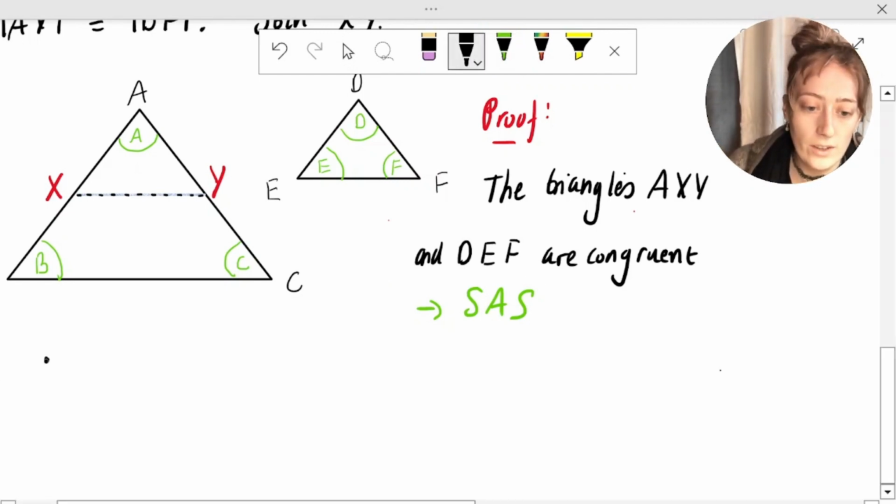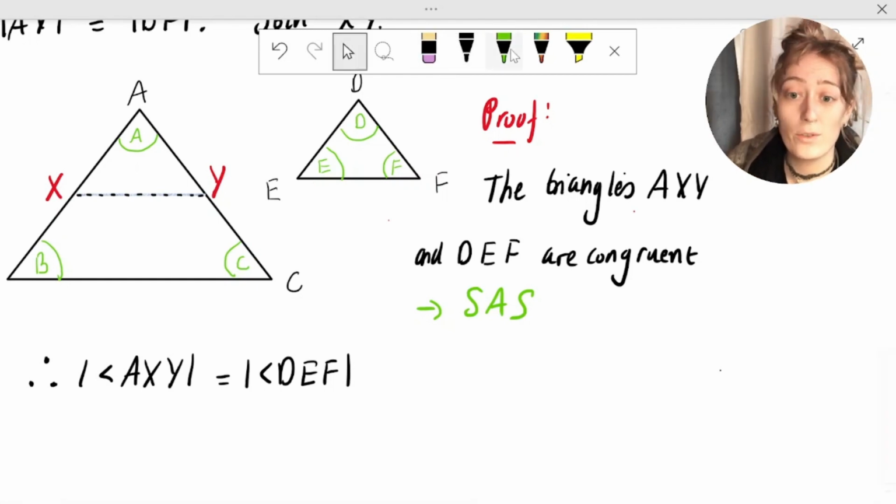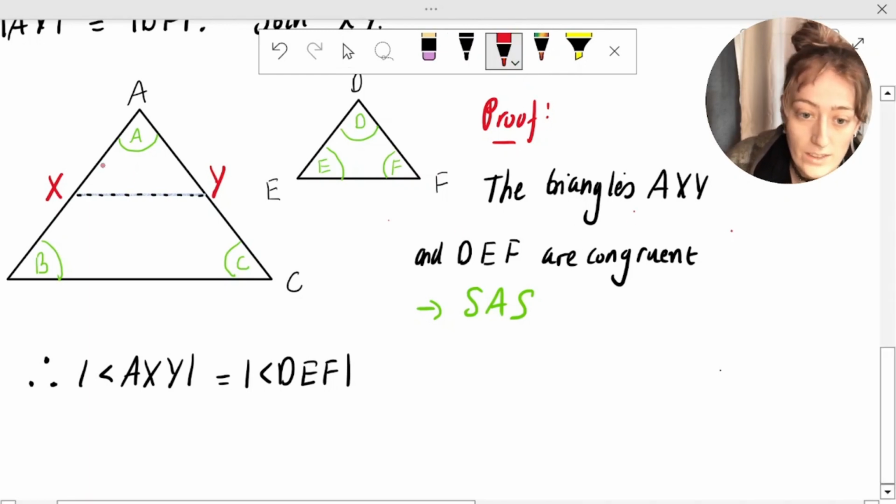So if those triangles are identical, therefore the angle AXY must be equal to the angle DEF. Okay, angle AXY is equal to DEF, because these are now identical triangles, so those are corresponding angles. So I am just going to mark in here that this is actually the same as angle E now.